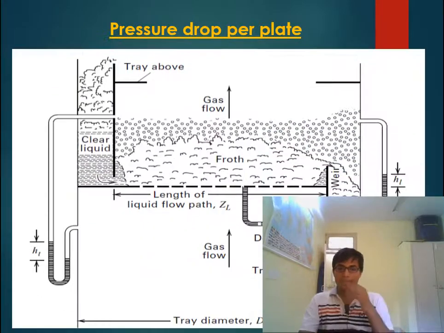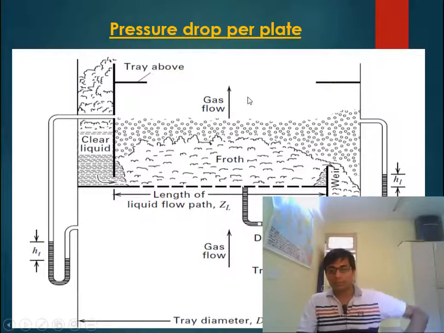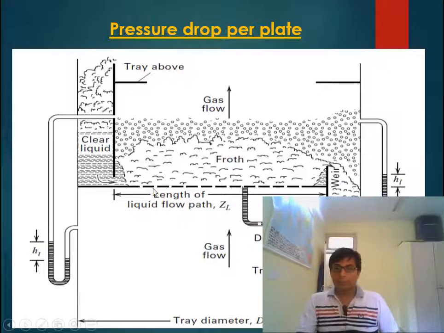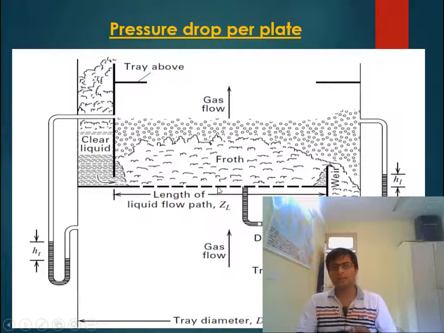Suppose vapor is flowing from the bottom of this tray to the top of this tray. In the path of this vapor flow, first we find there are different sieves or holes or orifices, and these orifices or holes provide a restriction to vapor flow, and because of that restriction the pressure of vapor reduces.